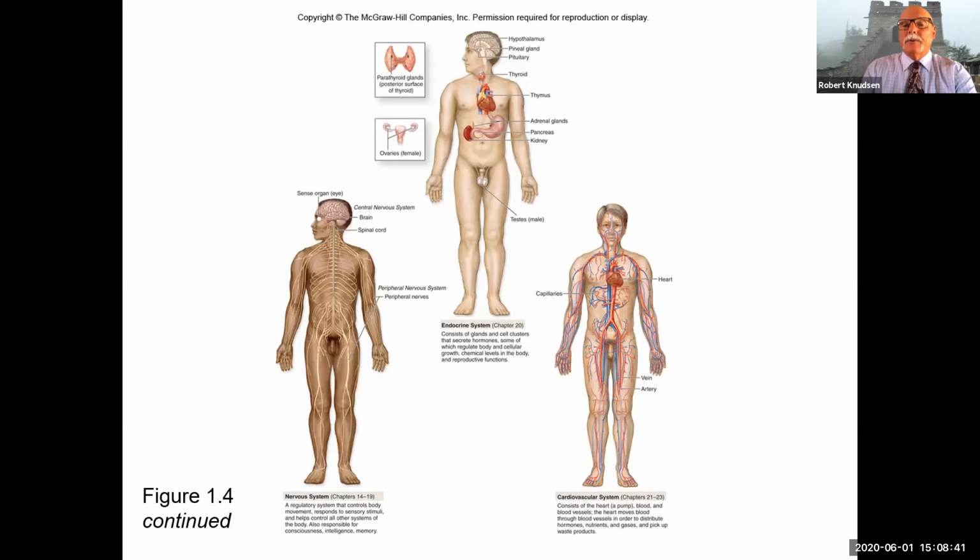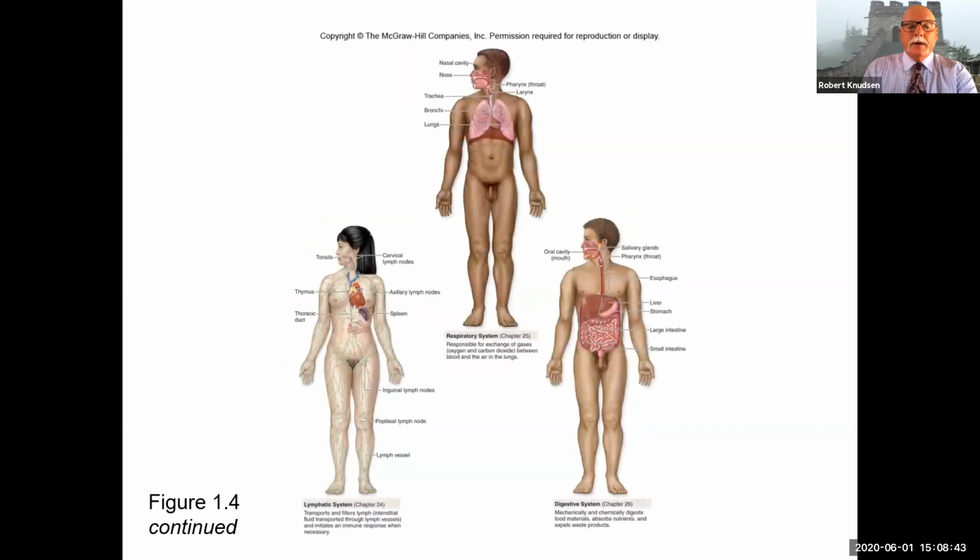That one's straightforward. Lower left, the lymphatic system. That's the second one that I do not do separately. When I talk about the lymphatic system, I'll do it with the circulatory system. Lymph, L-Y-M-P-H, is blood that's escaped the circulatory system. So when it goes through a capillary bed, if some of it leaks out, it's called lymph.